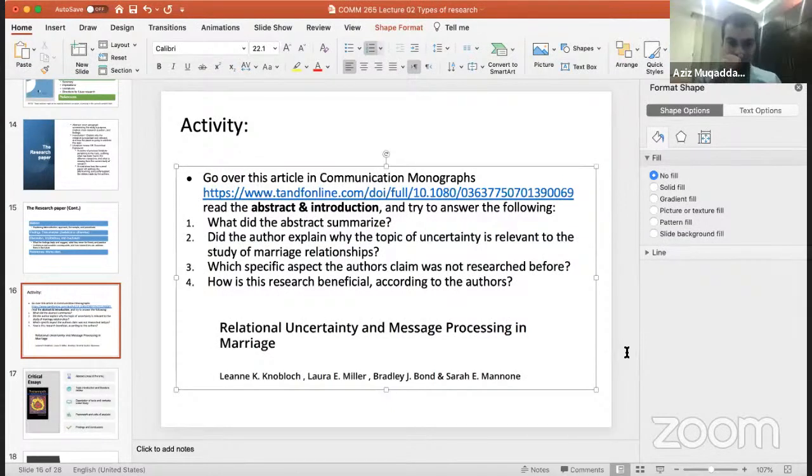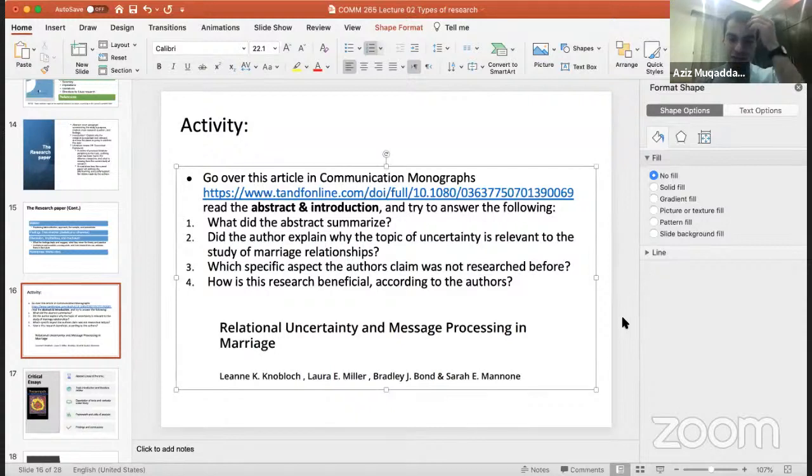I think they did a good job of it in the introduction. Right. So they were saying if we study uncertainty in dyadic, meaning two people, interpersonal communication, then it should also be important to study it in the context of marriage relationships.